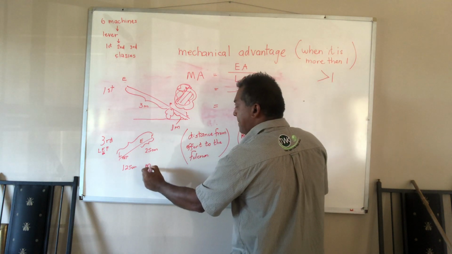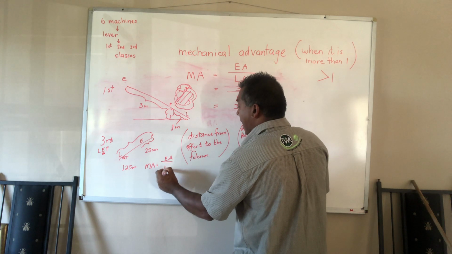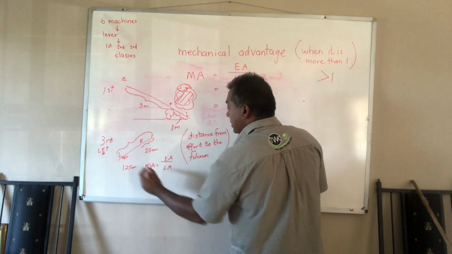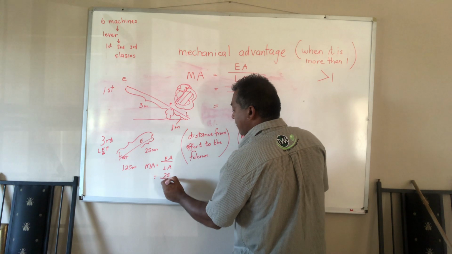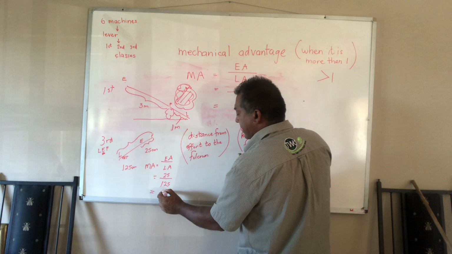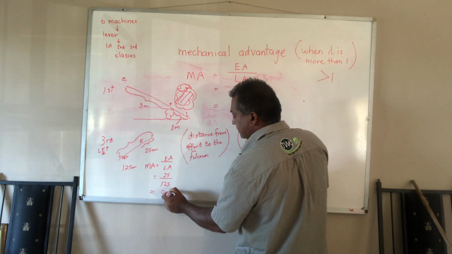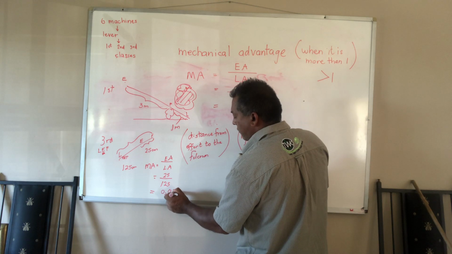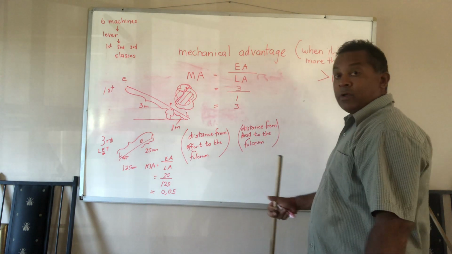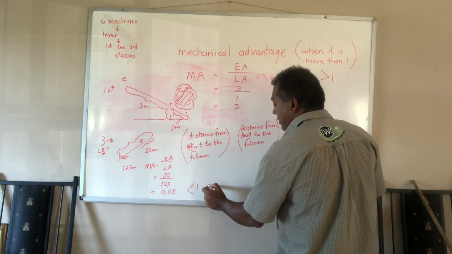Let's go. MA is equal to EA over LA. EA is 25 over LA is 125, and when I divide it, I'm going to get 0.05. 0.05 is way less than 1.